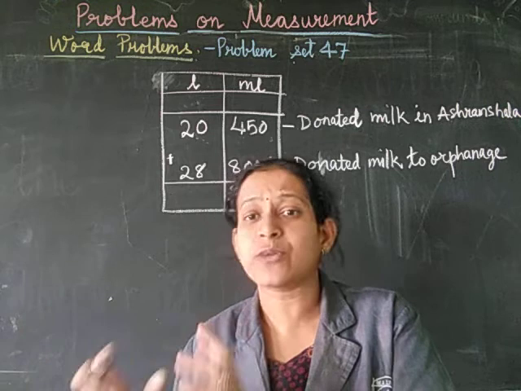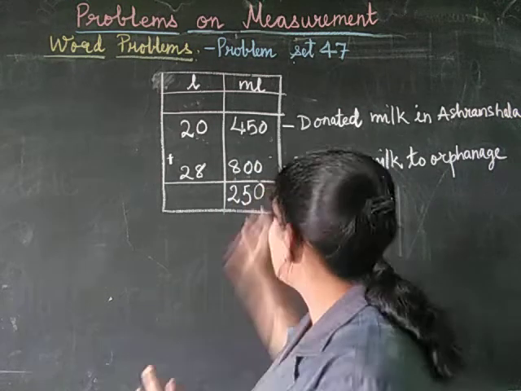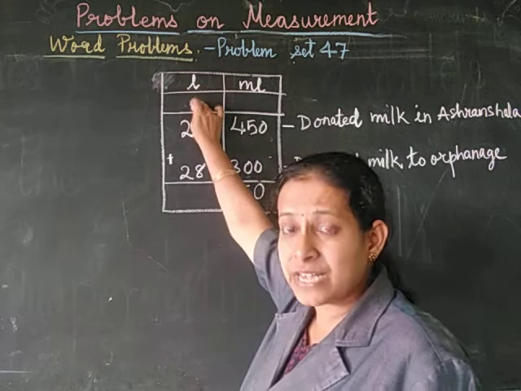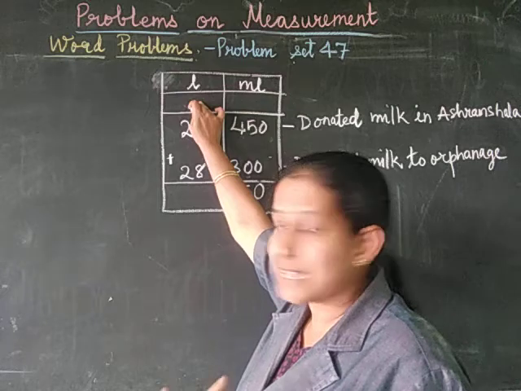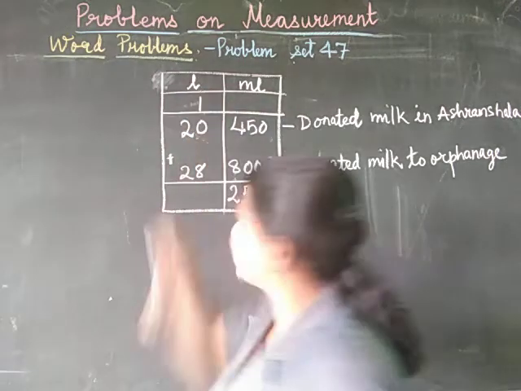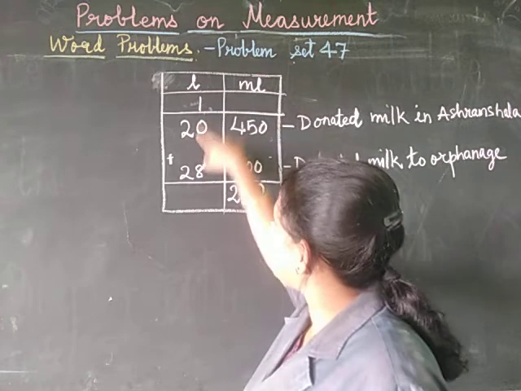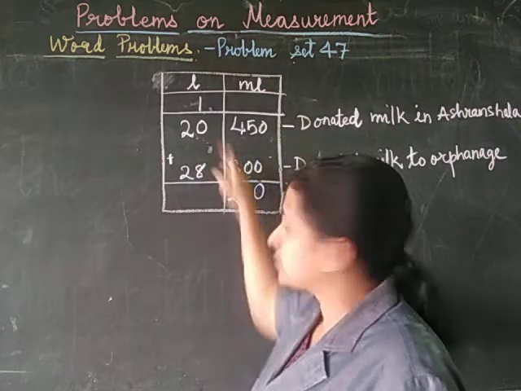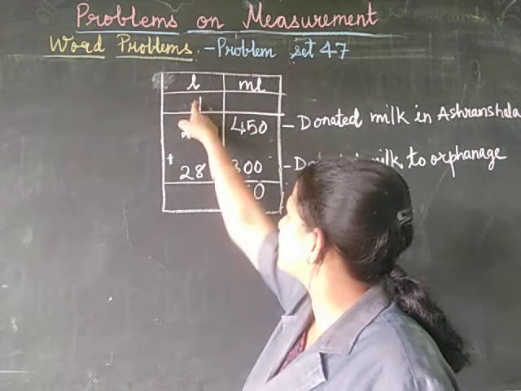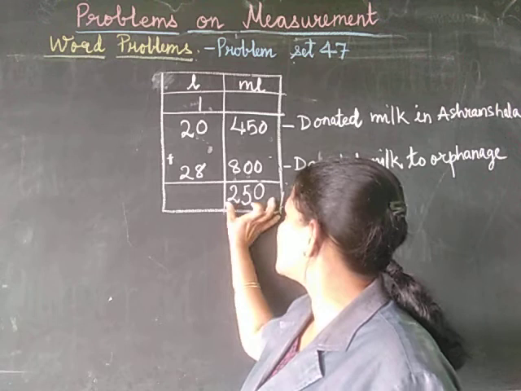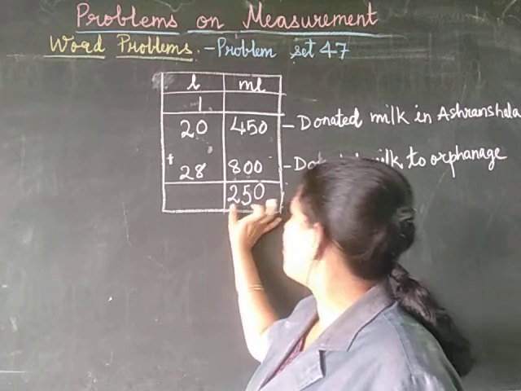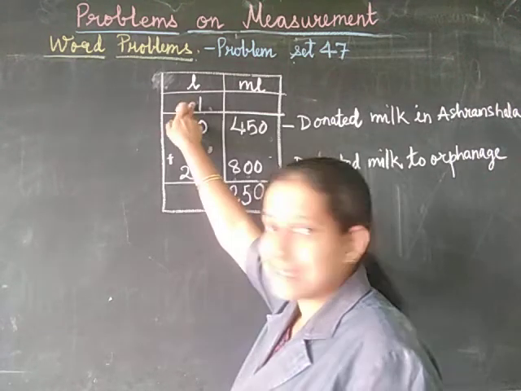That means we have to carry that 1000 ml to the liters, and when we carry 1000 ml to liters it becomes 1 liter. So 1 liter now gets added in the liters, so 1 has been carried from here. Just imagine it was 1250, out of which we have carried 1 to this side.